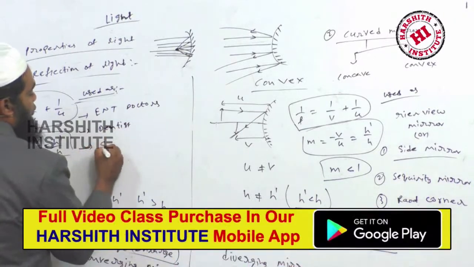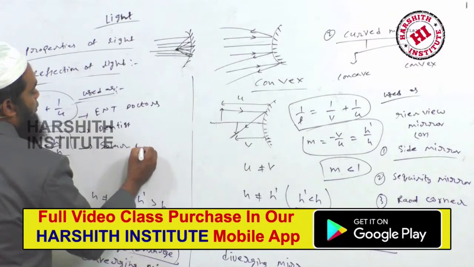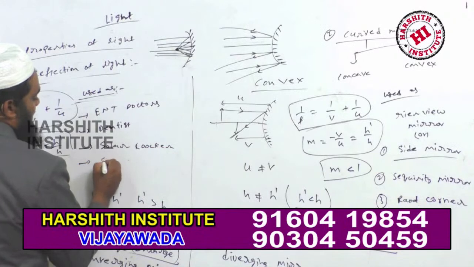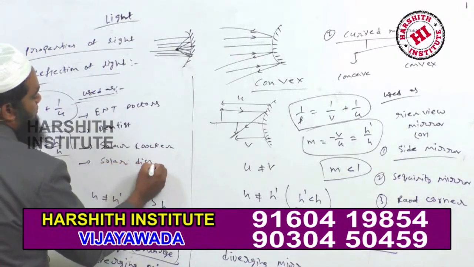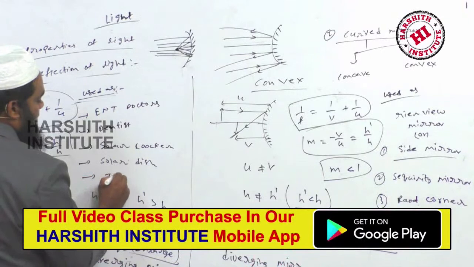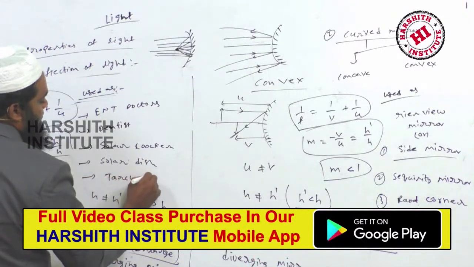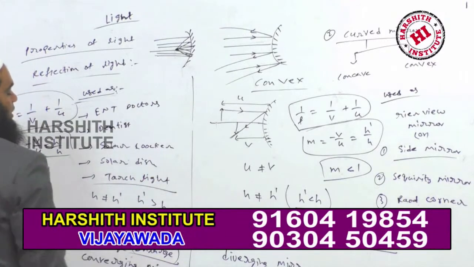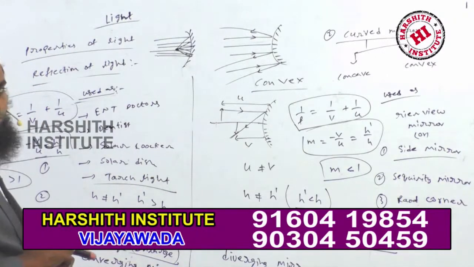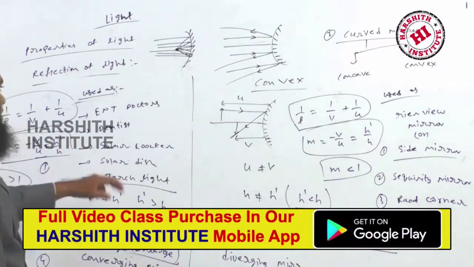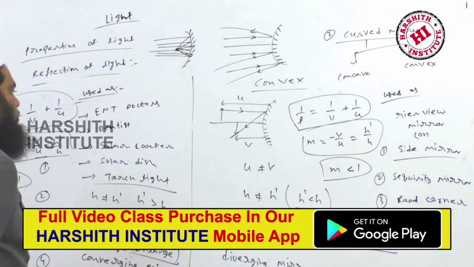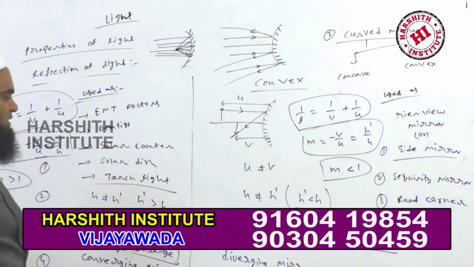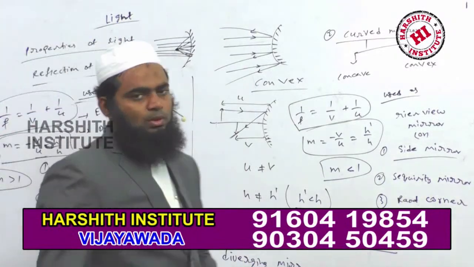Third one is solar cooker, simply called a solar dish. Fourth one is torch light. So a concave mirror is used by ENT doctors, dentists, in solar cookers, solar dishes, and torch lights.